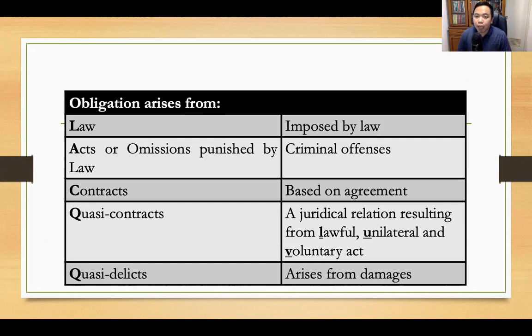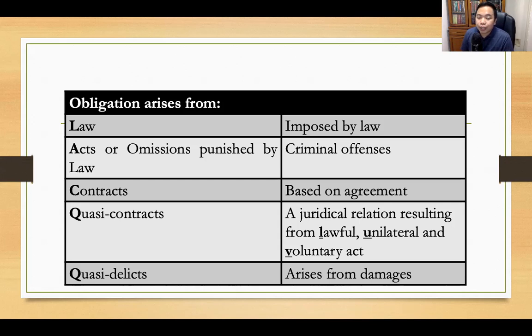Solutio indebiti means payment by mistake. You paid but gave it to the wrong person, or you paid in excess. In case of solutio indebiti, if a person has paid by mistake, meaning he has not paid the person to whom the payment is due, or the payment is in excess of the amount due, then there is an obligation on the part of the payee, the person receiving the payment, to what?